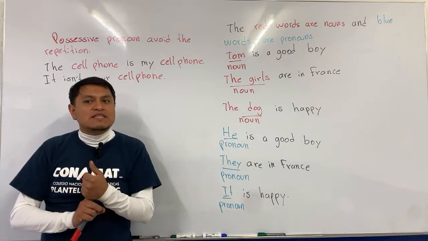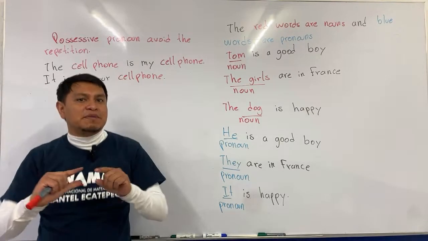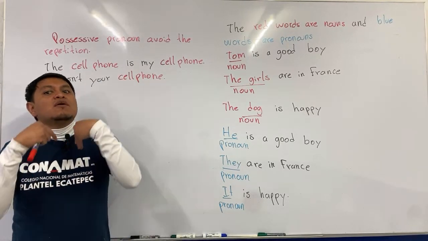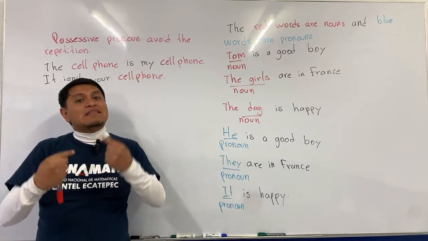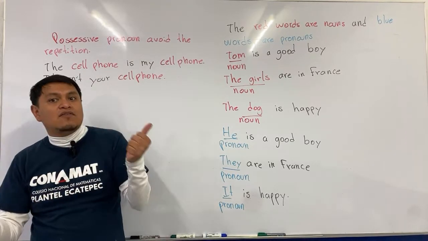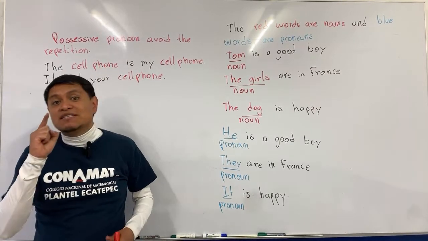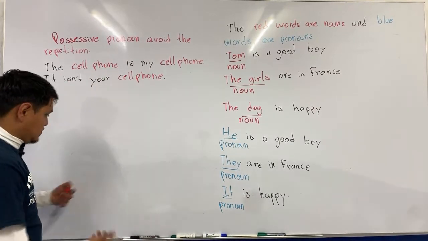We use the possessive pronouns, we avoid repetition, para evitar la repetición. Usamos possessive pronouns para evitar la repetición, right? In this case, cell phone. Look at the sentence again, now with possessive pronouns.